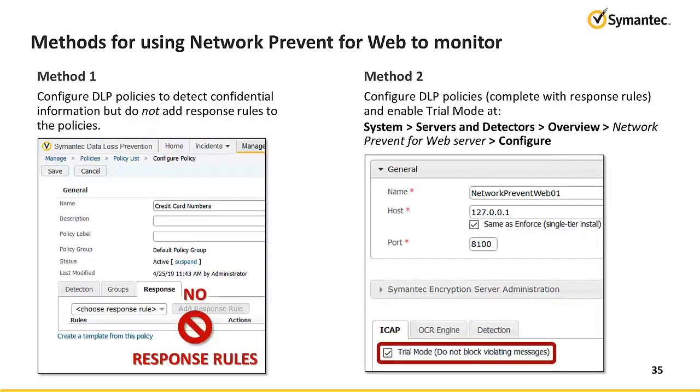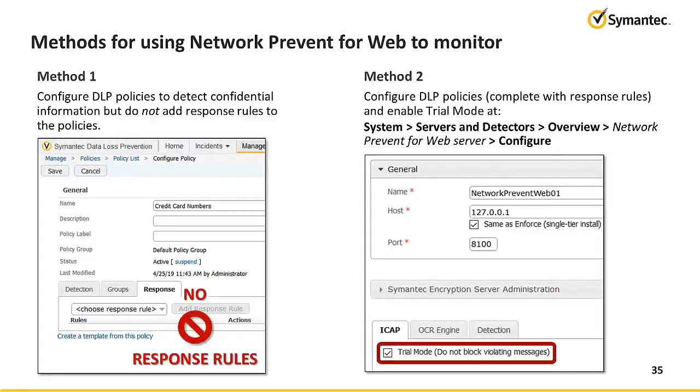With trial mode enabled, Network Prevent for Web detects incidents and reports that it has blocked a communication, but does not actually block the communication. To enable trial mode, in the Enforce Administration console, navigate to System, Servers and Detectors, Overview, and then click the Network Prevent for Web server.